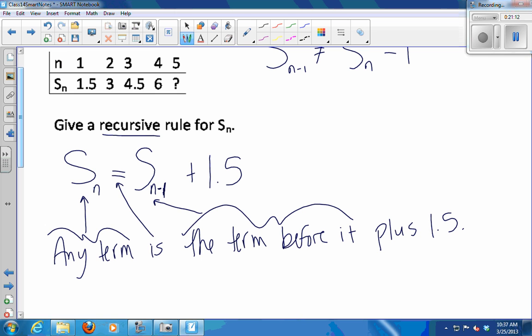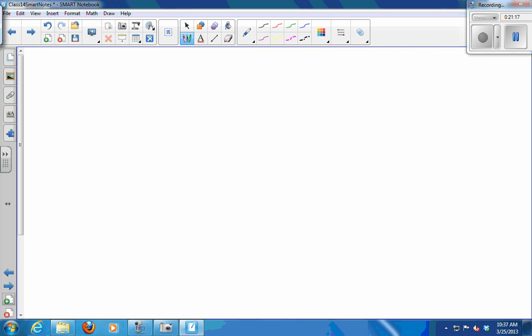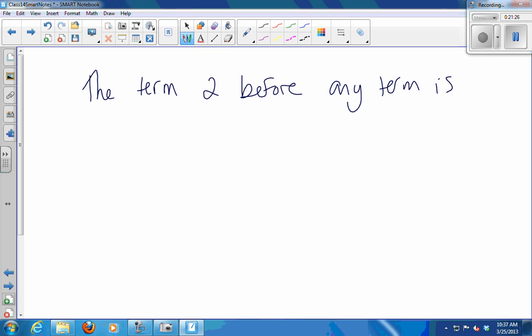The term 2 before any term would be S sub n minus 2, right? So A5, 2 before that would be A3. A8, 2 before that would be A6. So you subtract 2 from the subscript to get the term, not behind it, but the one behind that.